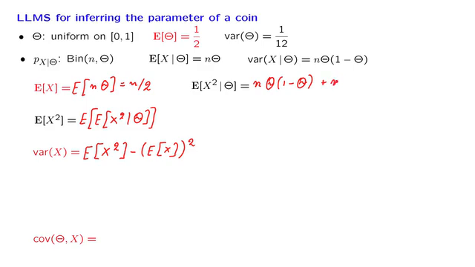So we obtain another term, n squared, theta squared. So now we can go back to our previous calculation and write here the expected value of this expression, which is n times theta.